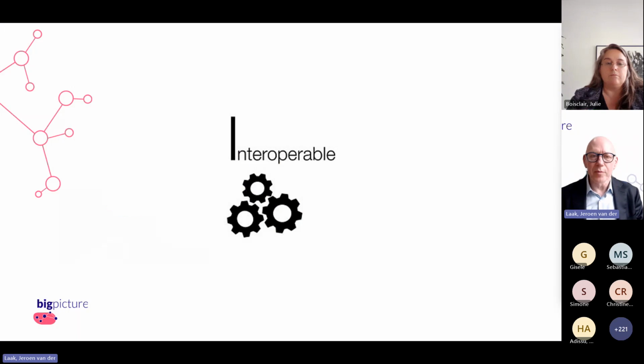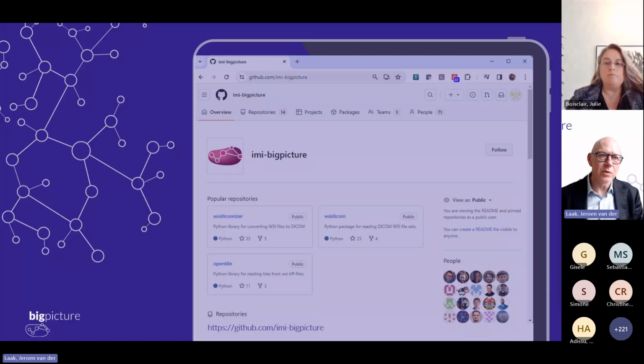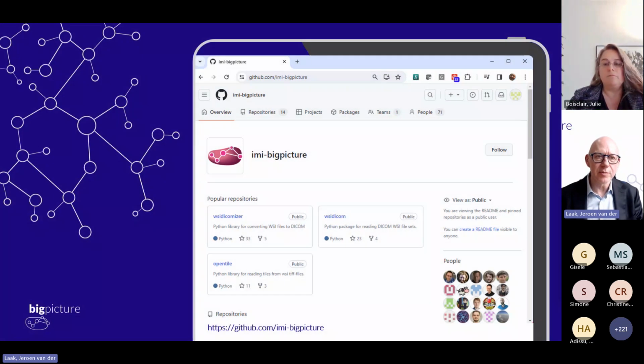Now, in terms of interoperability, we will build tools. And one of the tools we already produced in the project is this. It's not easy to see, but this is actually a GitHub repository for a DICOMizer. In Bigpicture, we aim for standards as much as possible. And one of the standards we selected is DICOM for the images.